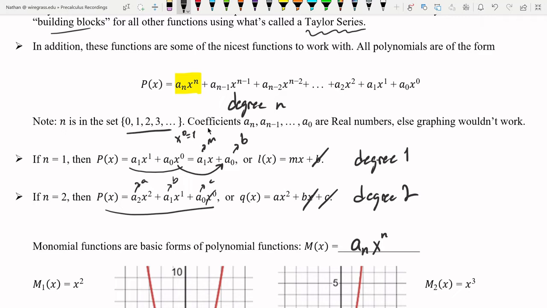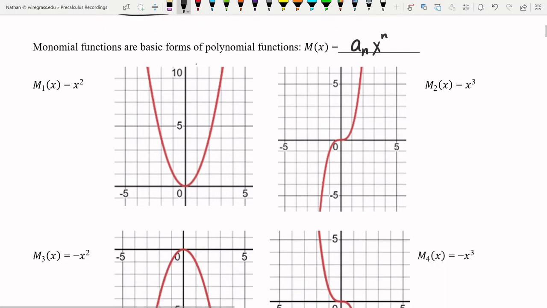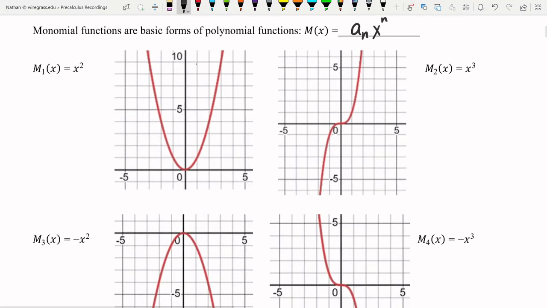So the degree really dictates a lot of the behavior of the polynomial. That means that the leading coefficient, a_n, also dictates a lot of the behavior of the function because it directly impacts it. And that's what monomial functions are. You can see we have 4 of them here: x squared, x cubed, negative x squared, and negative x cubed. And for x squared, you can see we have a domain of everything.